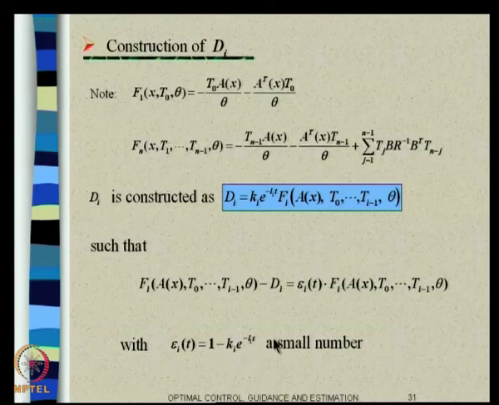The claim here is if you do not do that, then it requires a large amount of control, so you have to be careful to tune this Ki Li in such a way that the control requirement will be smaller. However, whenever there are additional tuning issues, there is also scope for improvement. So if somebody is interested to investigate further and come up with a systematic procedure of adjusting this Ki and Li, that will be nice.